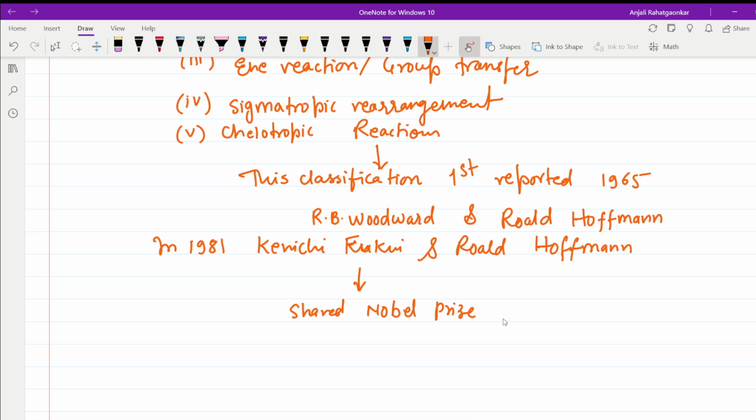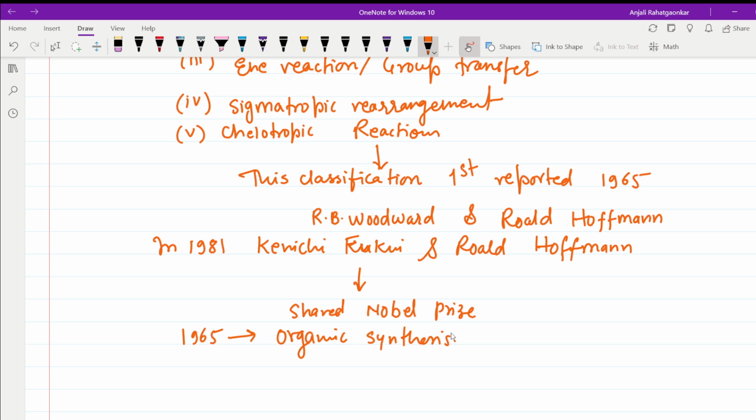But one thing I would like to share with you is that Woodward was not part of this Nobel Prize, because he had already been awarded the Nobel Prize in 1965 for his outstanding work in organic synthesis.